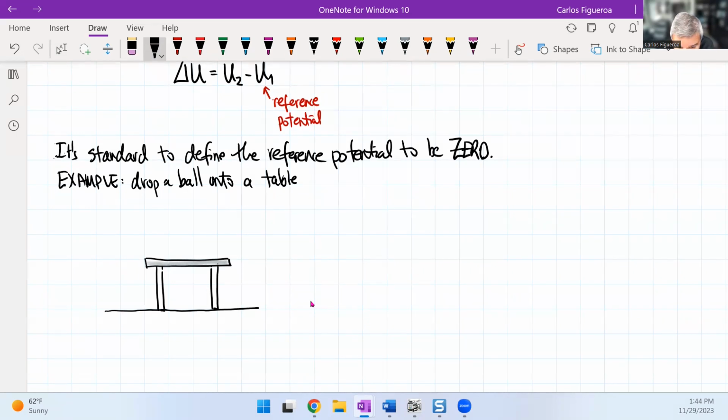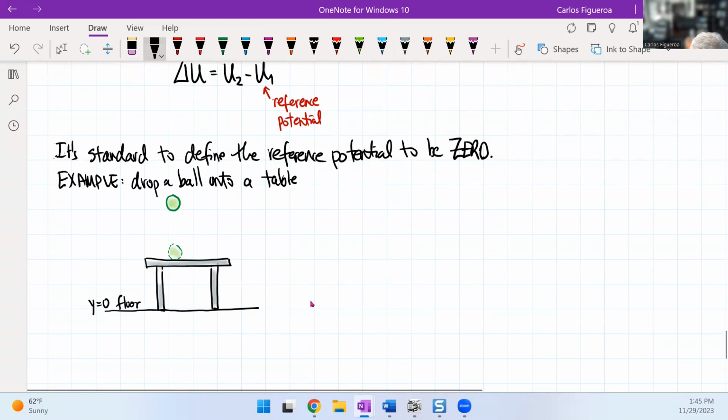So we want to pick our reference potential to be 0 at a convenient location here. Most people will define that y is equal to 0 at the floor. But you could imagine that if I drop a ball, let's say I start the ball here, it falls from here and falls down in this direction like that.